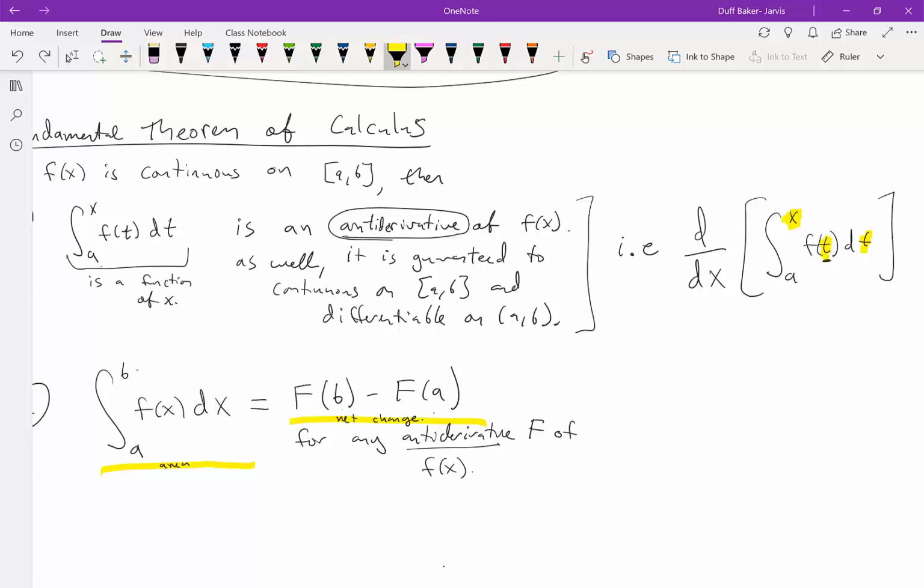So it's just conventional that you keep those variables different. You didn't have to use t here. You could have used like z or u.